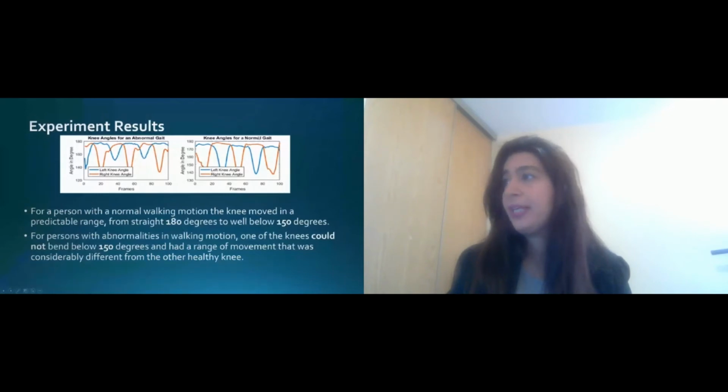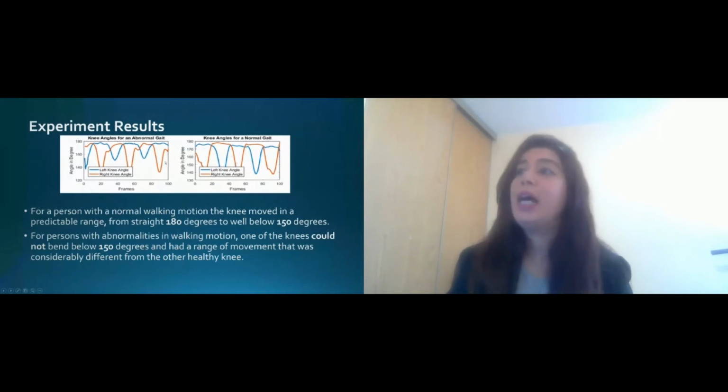As you can see here, this is a normal gait, from 180 to well below 150. For persons with abnormalities in walking motion, one of the knees could not bend below 150, as you can see here in this figure, and had a range of movement that was considerably different from the other healthy knee. So we were able to distinguish between a normal gait and abnormal gait using the knee angles.